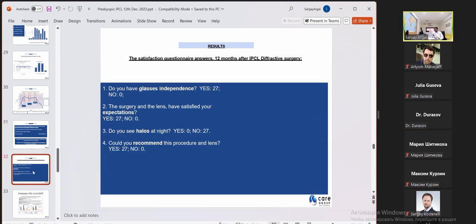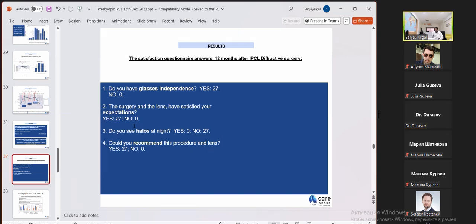So the surgeon asked the basic questions to all these 27 patients, as I discussed earlier regarding the 4 questions. Do you have glasses independence? Все 27 пациентов получили анкету после имплантации, там были вопросы, получили ли вы независимость от очков, все 27 ответили «да».